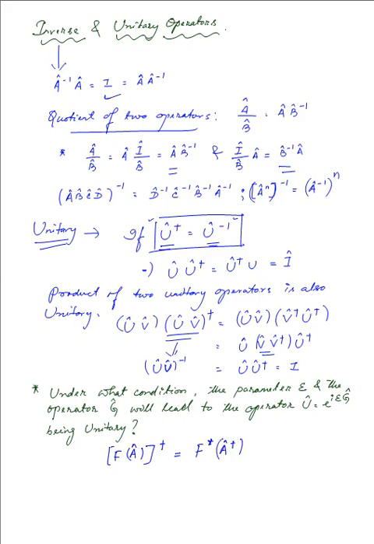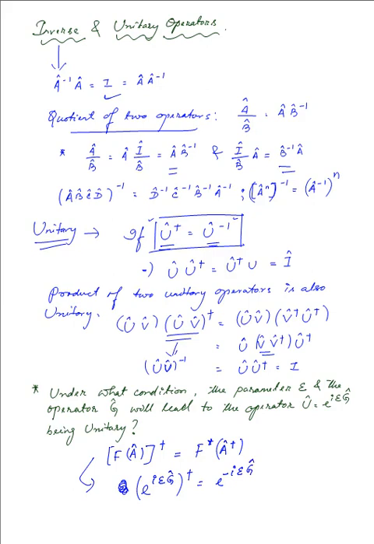So from that property, if we apply that over here, we have e raised to the power i epsilon g, and we take the adjoint of it, then that will give us e raised to the power minus i, that is the conjugate, and then we have epsilon and the g operator.